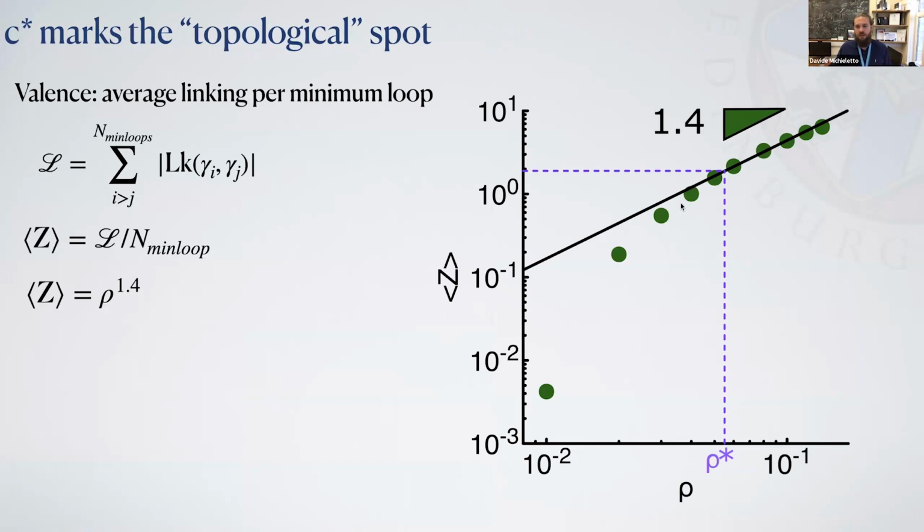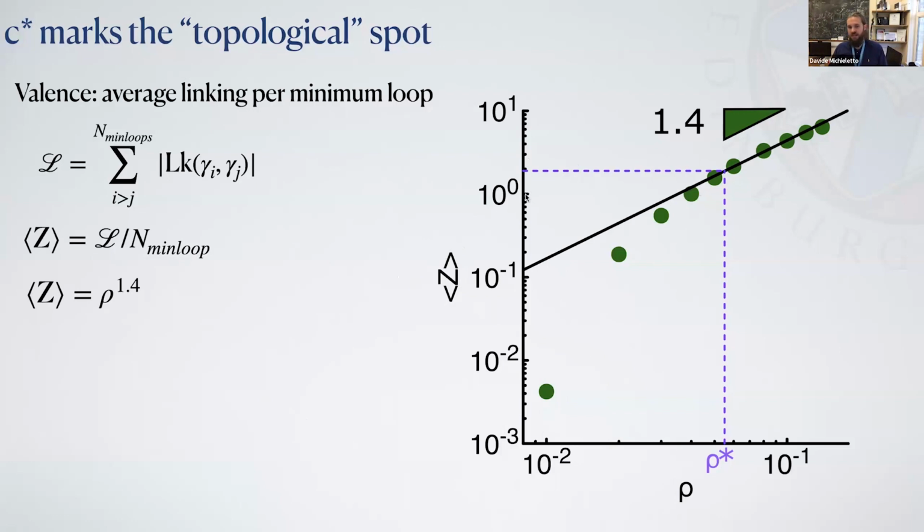And so we find that as I change rho, the concentration of nanostars in the solution, at the beginning it's very low, but then as I go closer to rho star, which is the overlap concentration of the stars, so when the stars start to really overlap with each other, I start to see a valence of about 2, between 1 and 2.